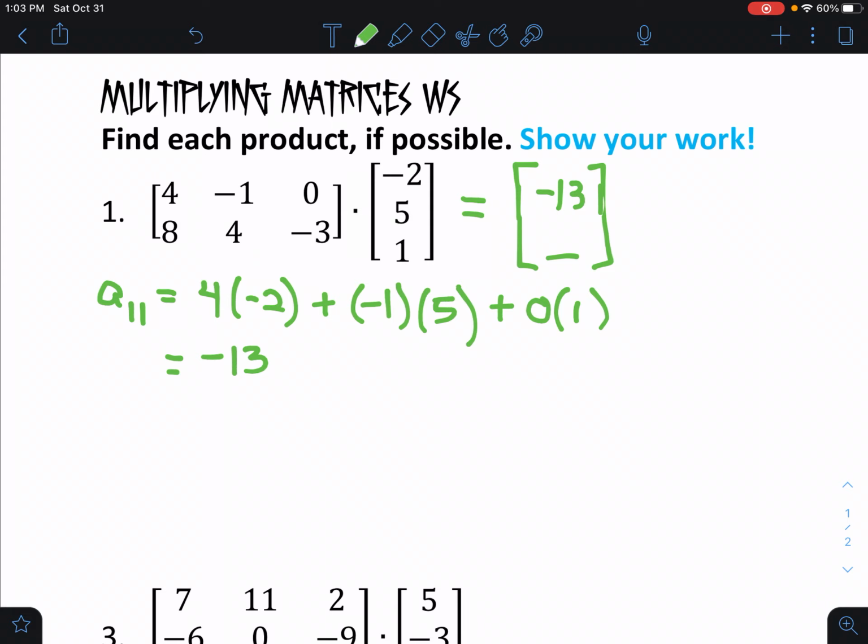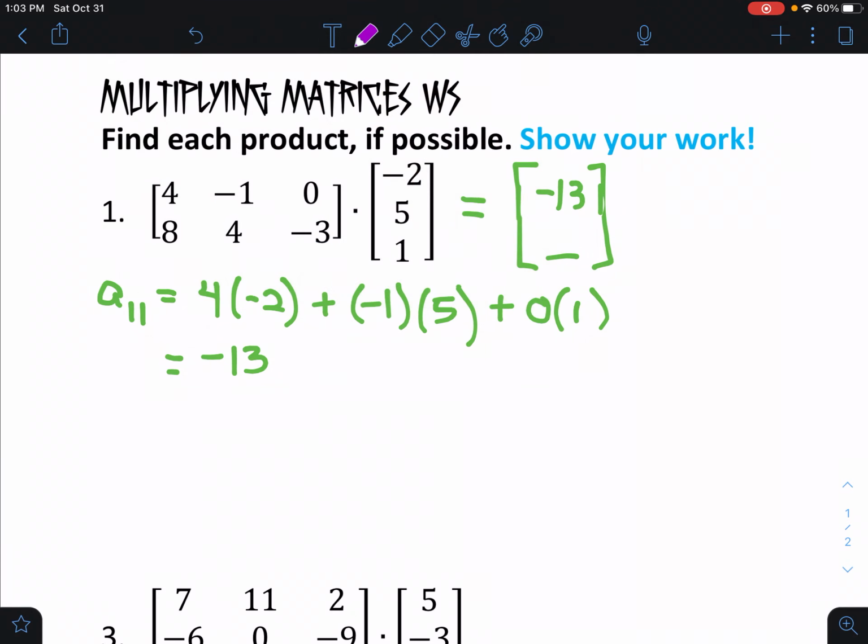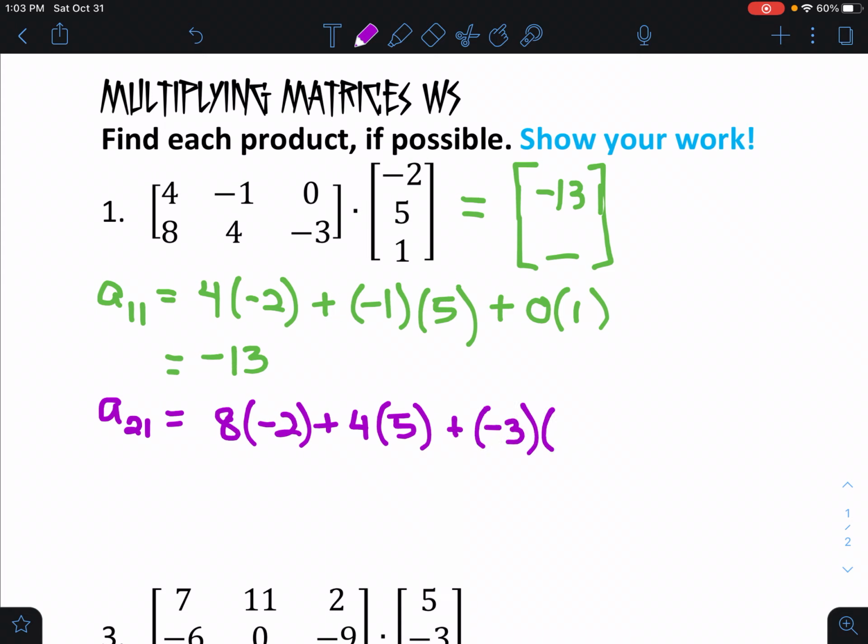Okay, now let's do our other one. Would be row 2, column 1, so A sub 21, and that's this row times this column. Okay, so 8 times -2 plus 4 times 5 plus -3 times 1.